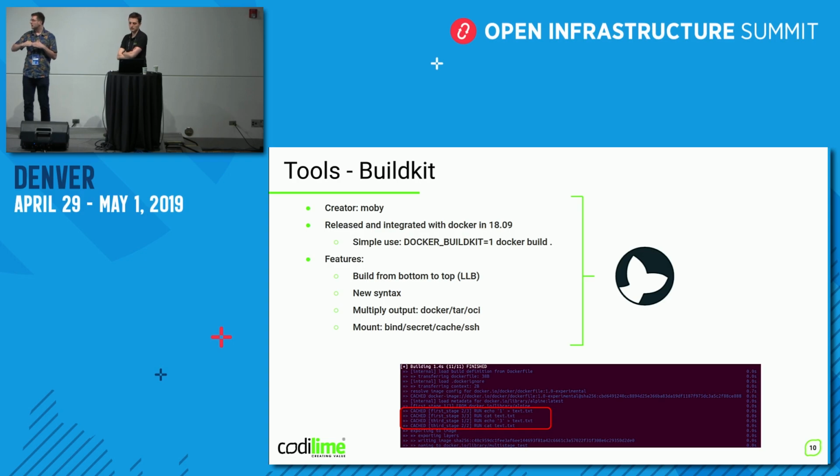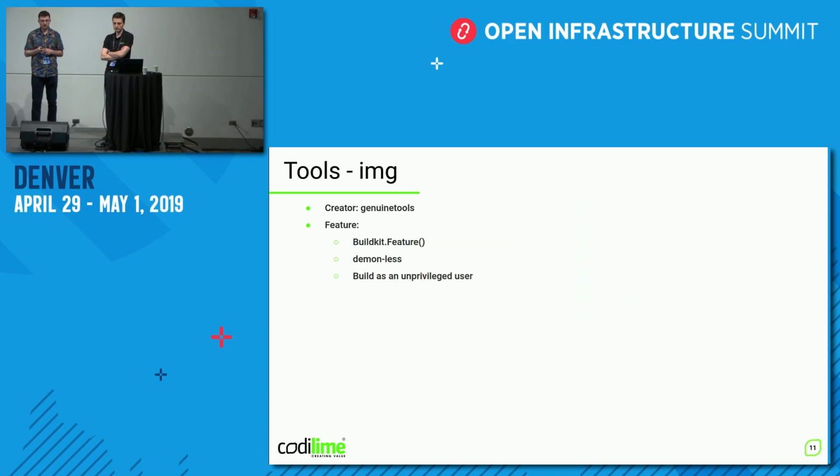It checks what the final layer is and goes up, checking the dependencies. In the previous example we saw that the second layer doesn't matter, so BuildKit just skips it because it checked that no one used it.